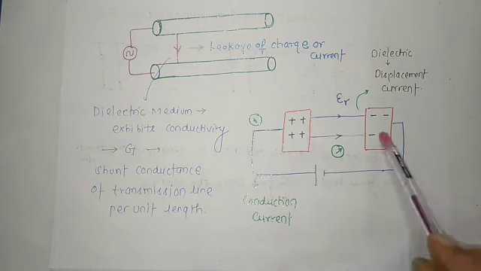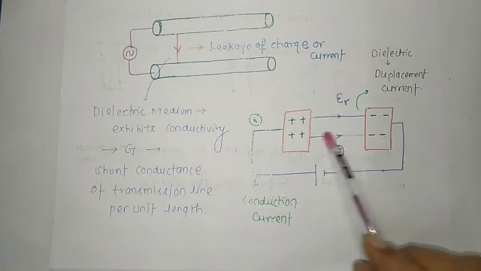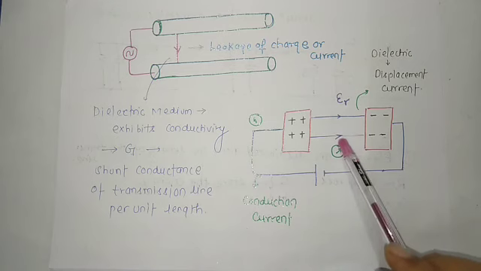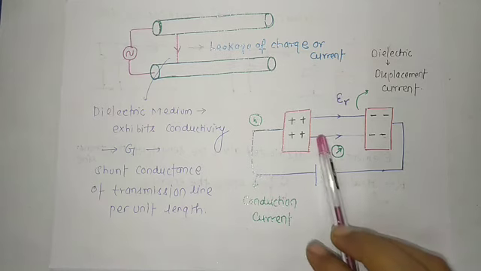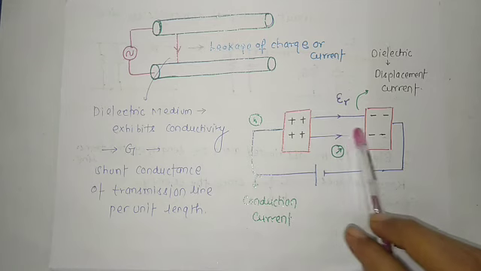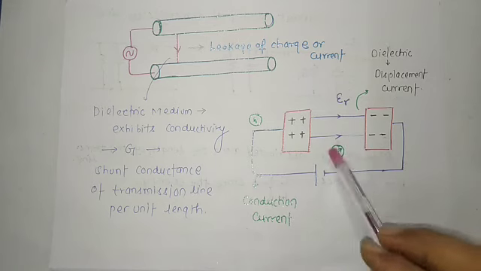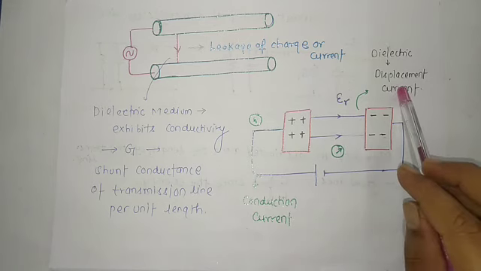In between these two plates there is dielectric material, which is not a conductor. If you put your compass here, again you will see fluctuation. It means that a current is flowing through the dielectric. A current which flows through the dielectric is known as displacement current.